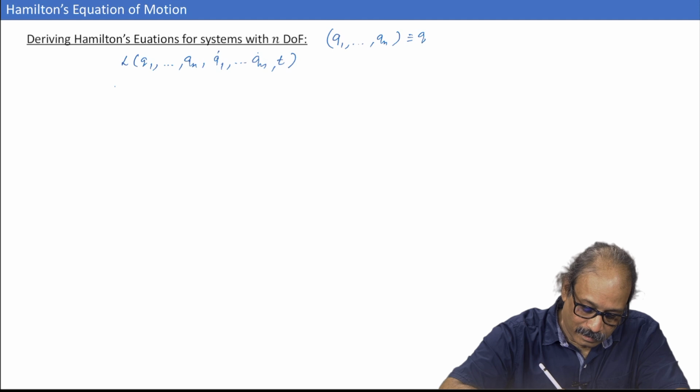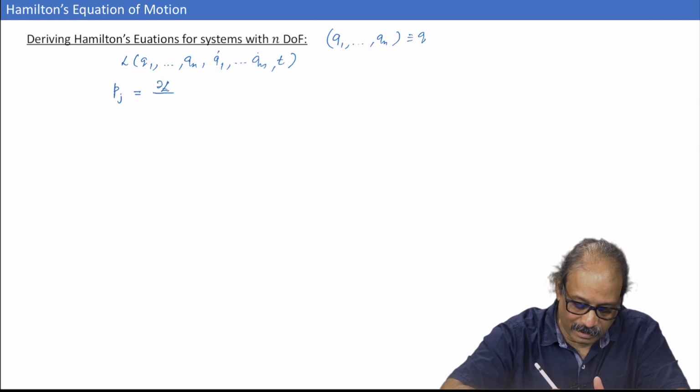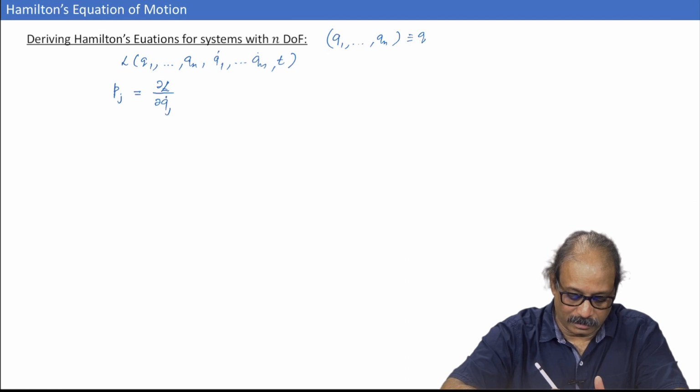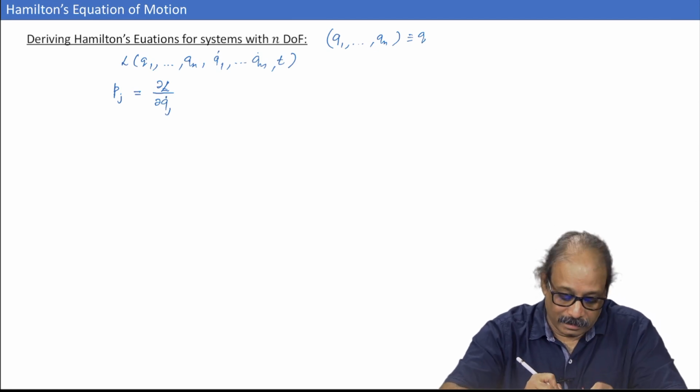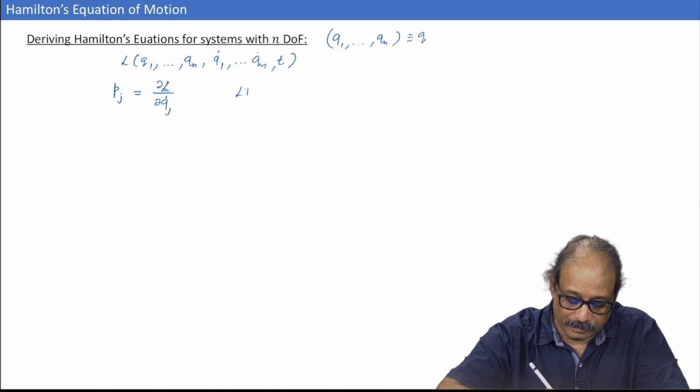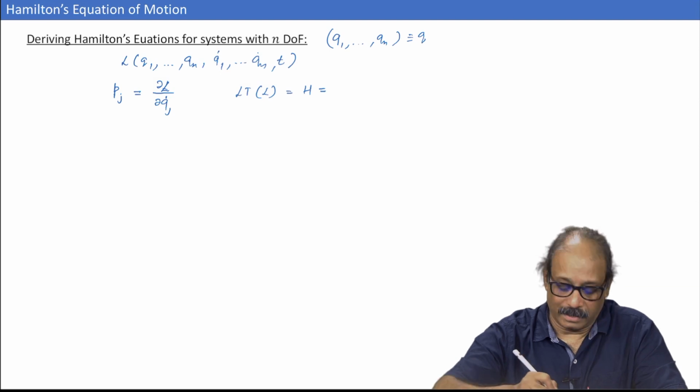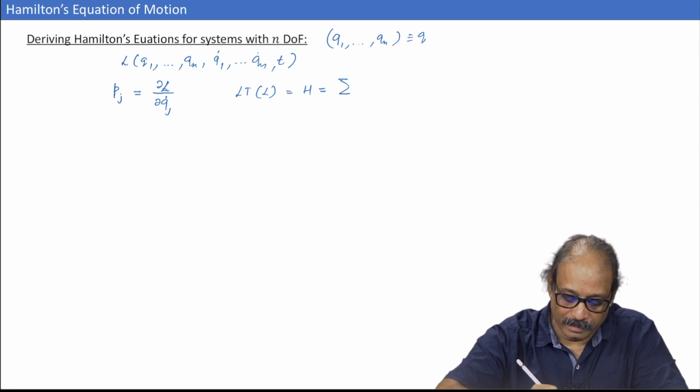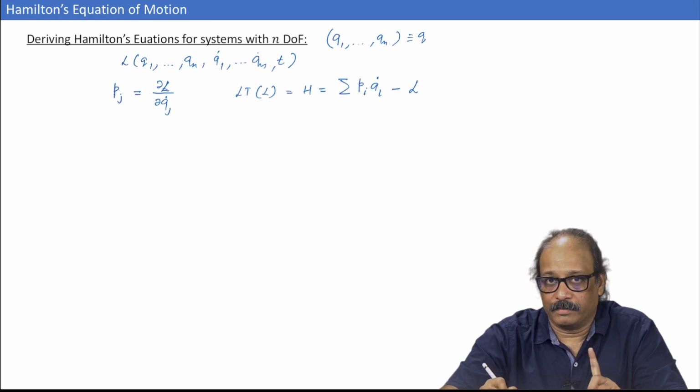So, define pj, that is the canonical momentum, as the partial derivative of L with respect to qj dot, and then the Legendre transform of L, which is the Hamiltonian function, can now be written as the sum over i of pi qi dot minus L. Same comment.